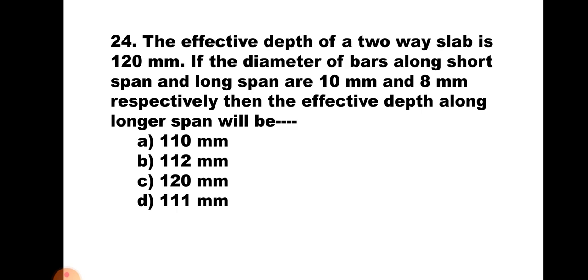So you have to deduct half the diameter along shorter span and half the diameter along longer span. So here it will be 120 minus 10 by 2 minus 8 by 2. So it will be 120 minus 9. Hence it will be 111 mm, and the correct answer is D 111 mm.